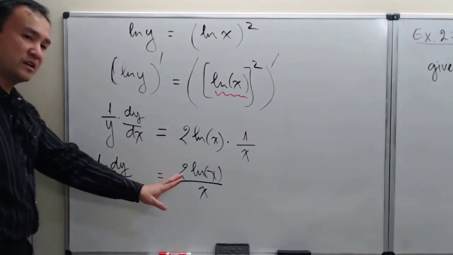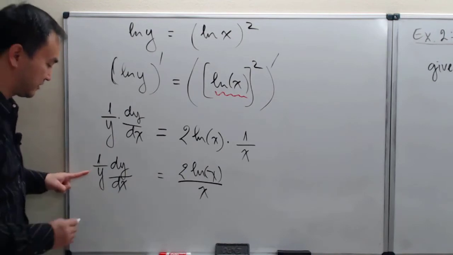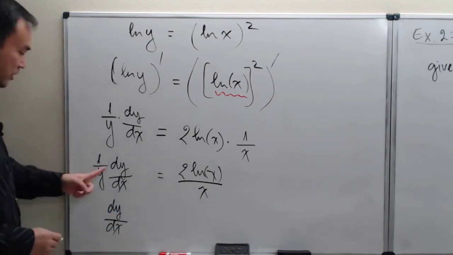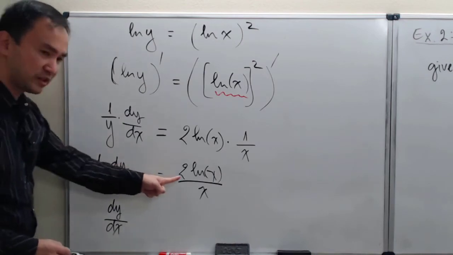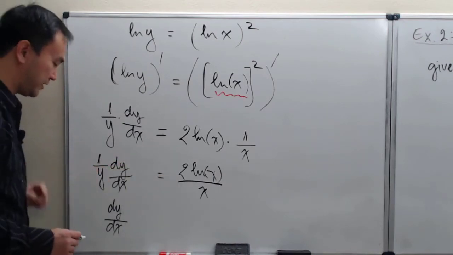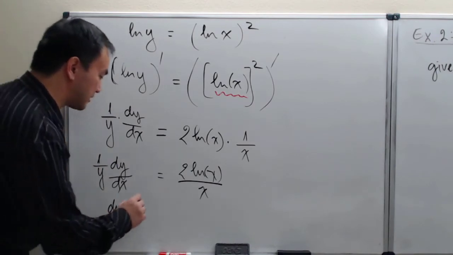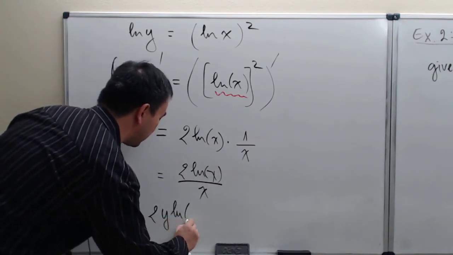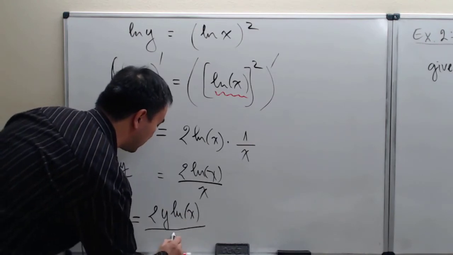But now when we arrive at the step right here, similar to the earlier example, I am going to solve for dy dx by multiplying both sides by that y variable. So now my final expression is 2 times y times natural log of x over x.